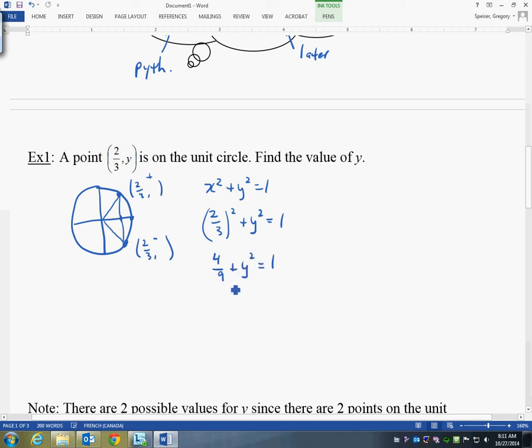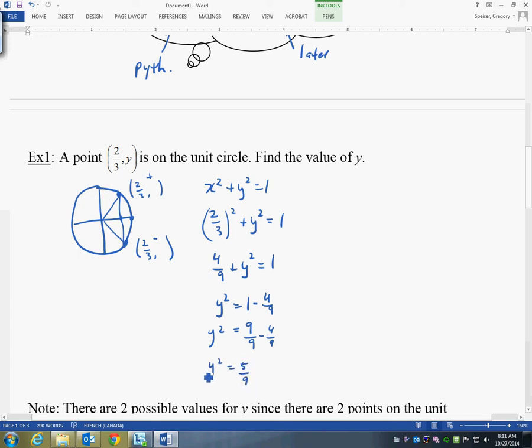So I subtract 4/9 from each side. So y squared is equal to 1 minus 4/9. To subtract fractions, I need to have the denominators the same. So 1 is the same thing as 9/9. 9/9 minus 4/9 is equal to, it's still y squared, so y squared is going to be equal to 5/9.